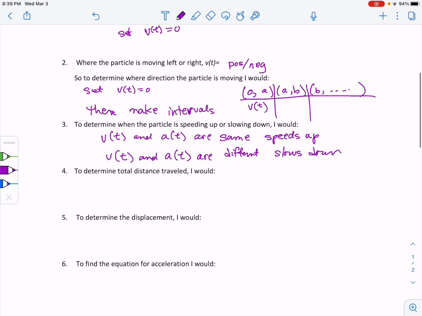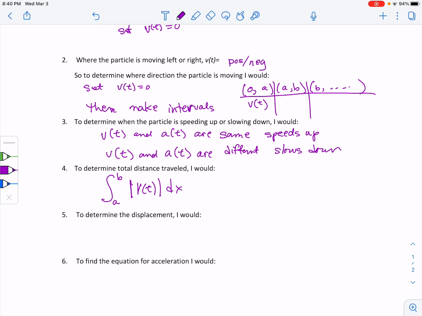Total distance: I can integrate from a to b the absolute value of the velocity function, because if you integrate velocity, you get position. You take the derivative of a position, you get velocity. They work backwards. And the absolute value is important. As long as you have a calculator, you can do this.